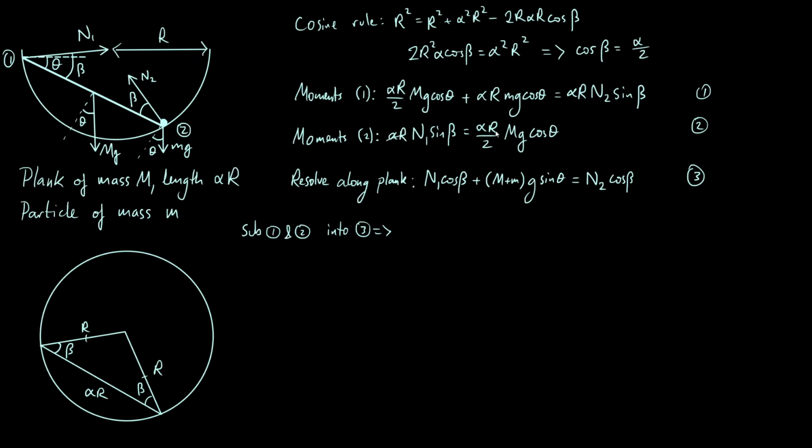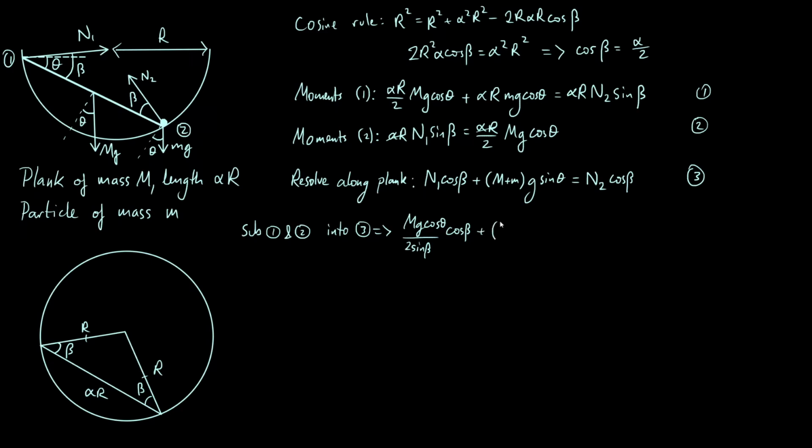Well, we can cancel these alpha r's on both sides. So n1 is just going to be big Mg cos theta over 2 divided by sine of beta. Okay, so where I see this n1 here, I can instead write that as Mg cos theta over 2 sine beta, right? And that whole thing gets multiplied by cos of beta. Okay, so I've just substituted for n1 in this equation 3.